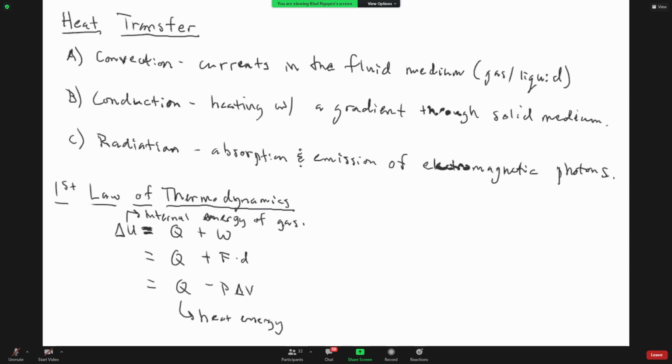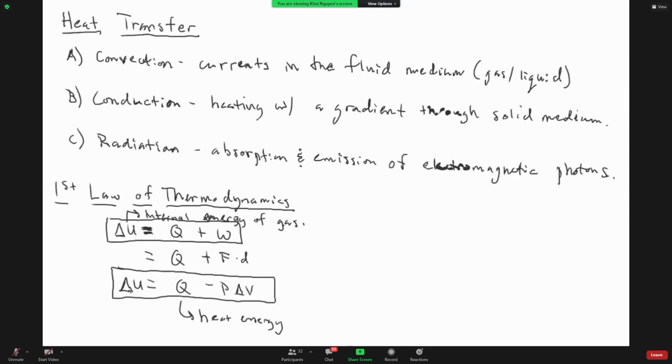They'll tell you because you're going to deal with engines or heat pumps, okay? So this is the first law of thermodynamics. Delta U is equal to Q plus W, but typically it's written as delta U is equal to Q minus P delta V, okay?